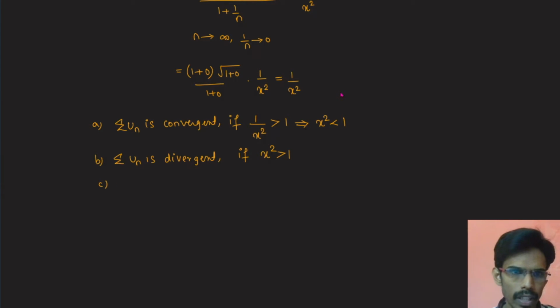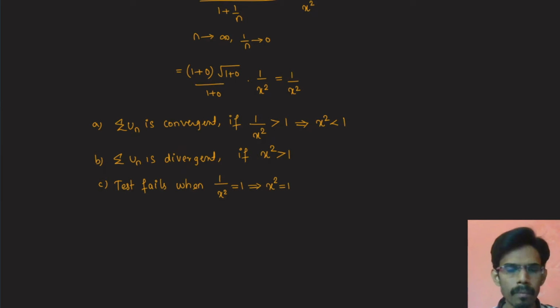The test fails when this value 1 by x square is 1. Test fails when 1 by x square value is 1. That implies x square is 1. Now the test will fail.